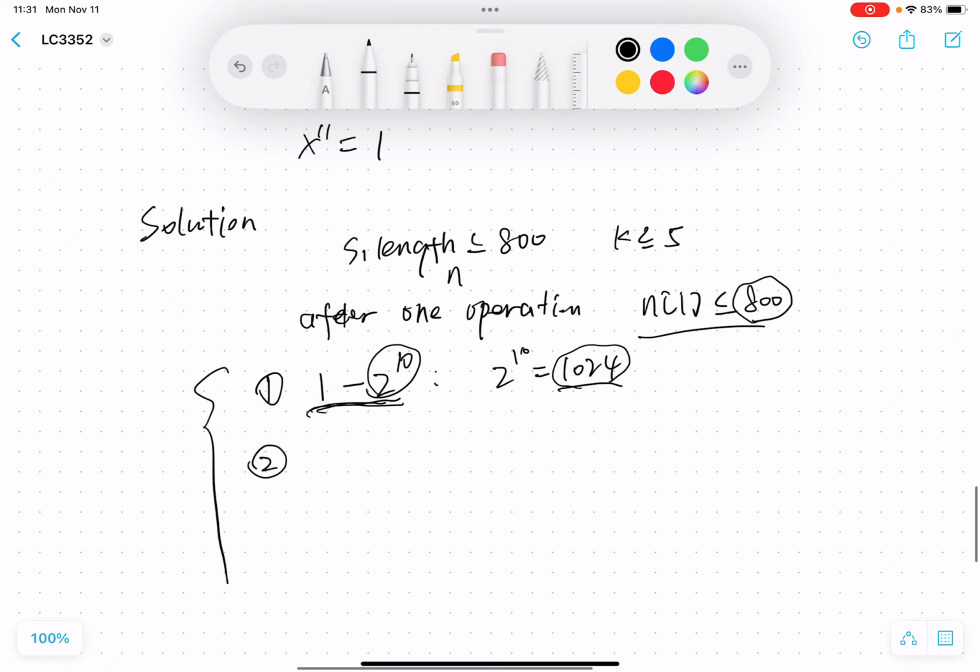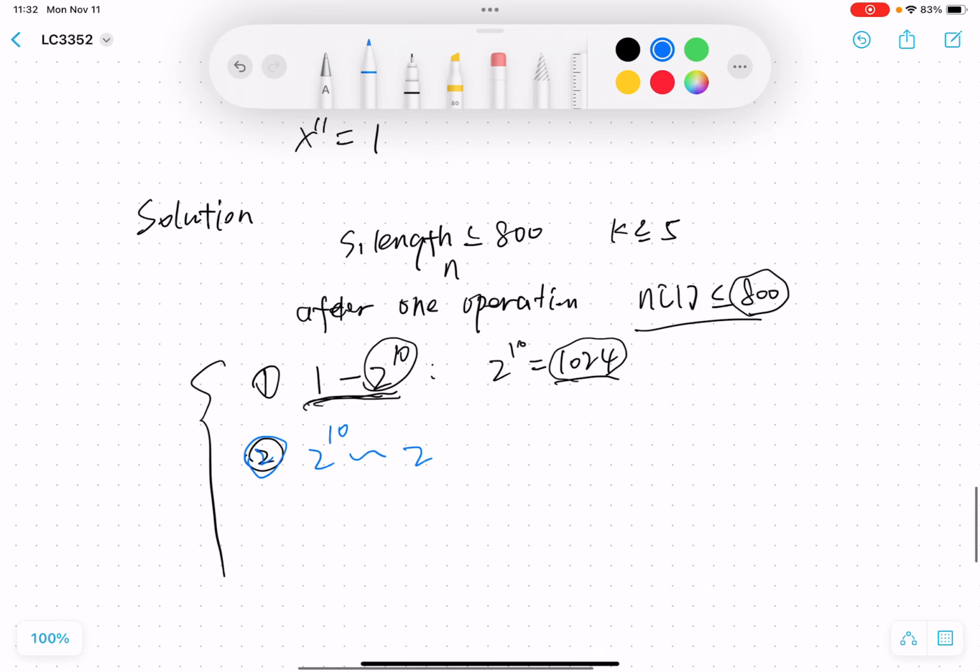For the second part, we can calculate from 2 to the power of 10 to 2 to the power of s.length minus 1. That means we can process every number whose length is between 10 and s.length minus 1.